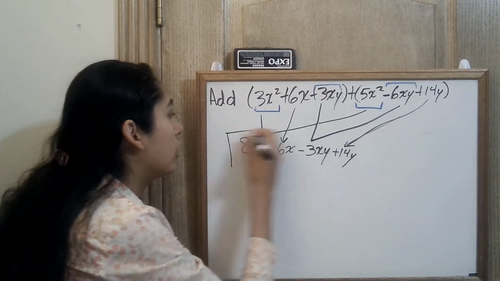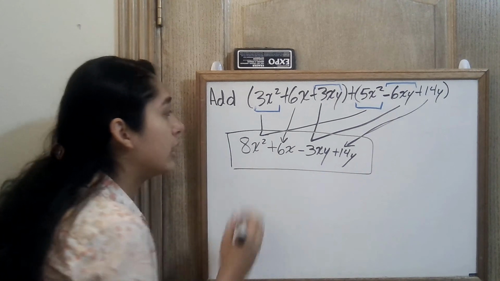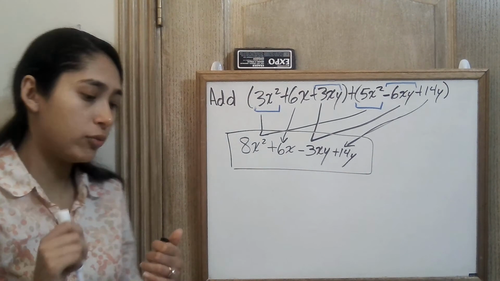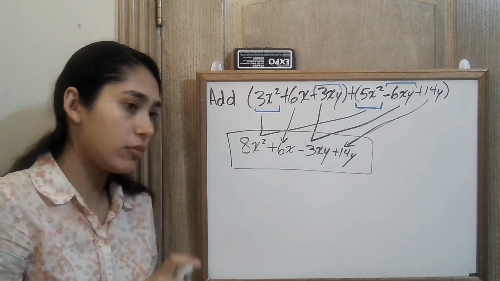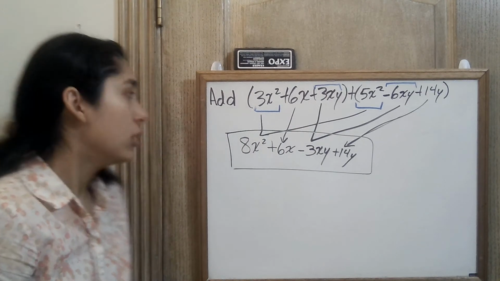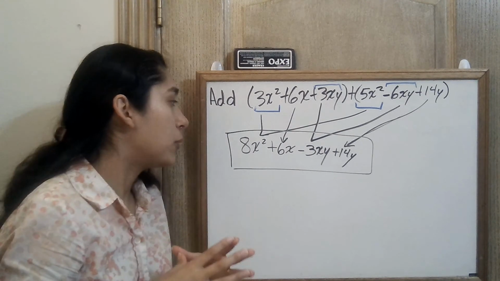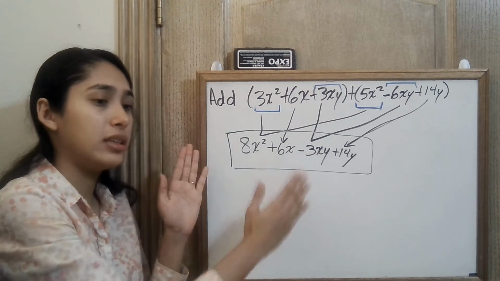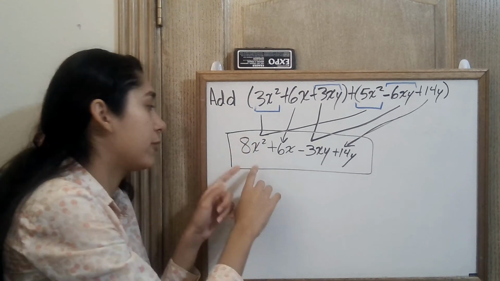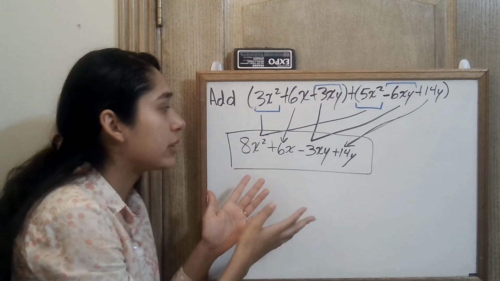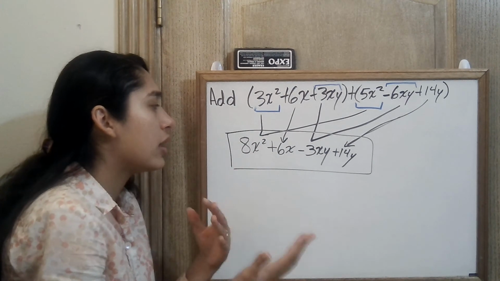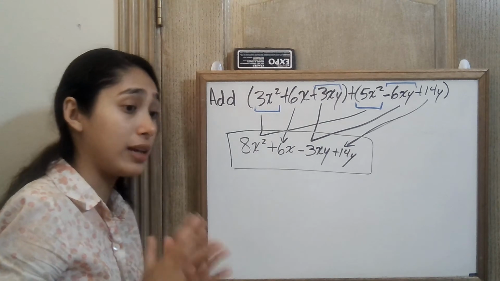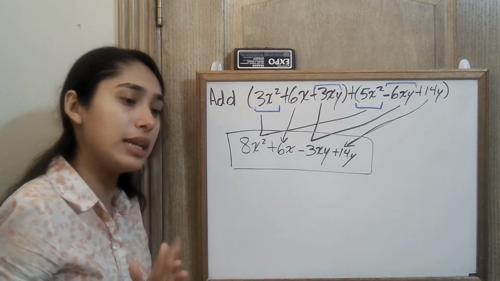Now, if you recall, when we were dealing with polynomials that only had one variable, such as x, we did order it from greatest to least by the value of the exponent. But here, when we're dealing with two variables, that does not become as important, and I am actually going to warn you because it is less important.